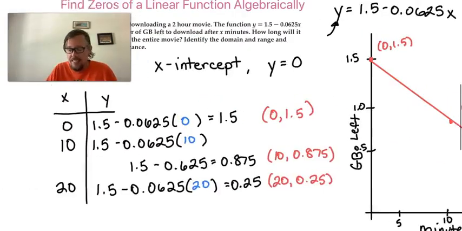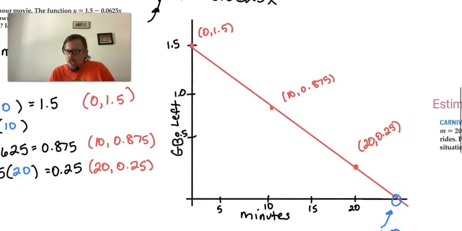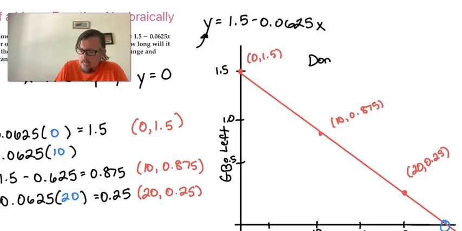Now, the last thing is to identify the domain and range and describe their significance. Okay, so when I'm looking at this problem here, the domain, remember, is the set of all of the x values. So we start off at 0 minutes and we end at 24 minutes. So that means the domain is all of the values from 0 to 24.